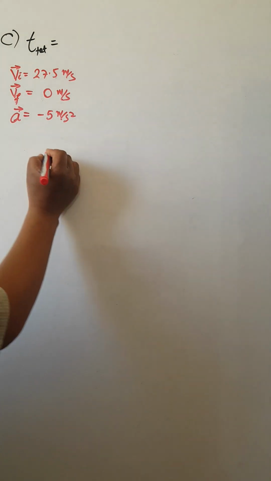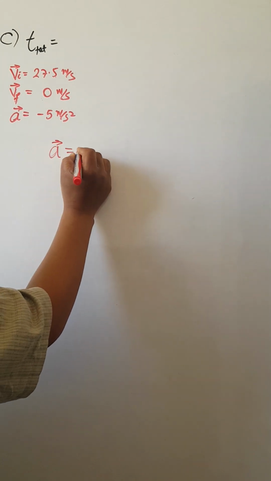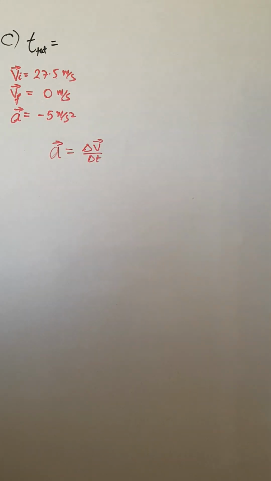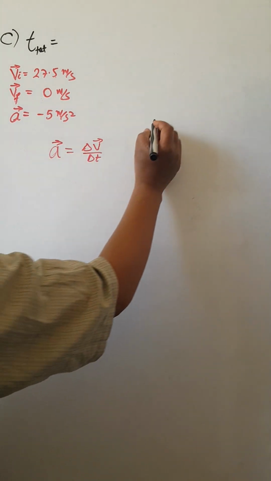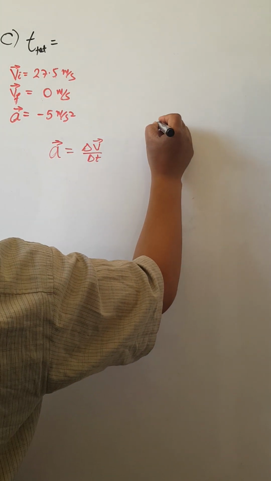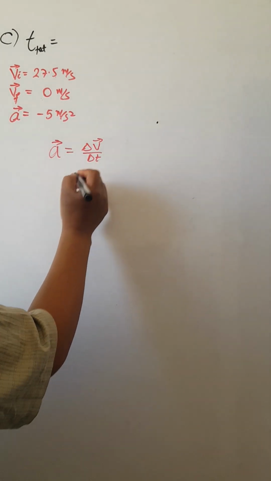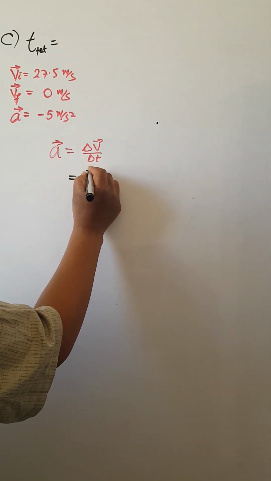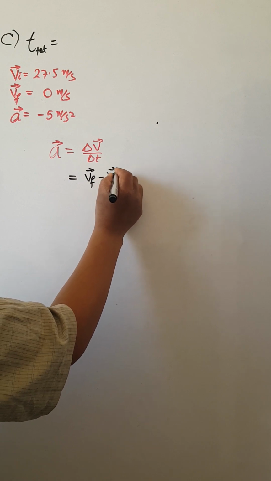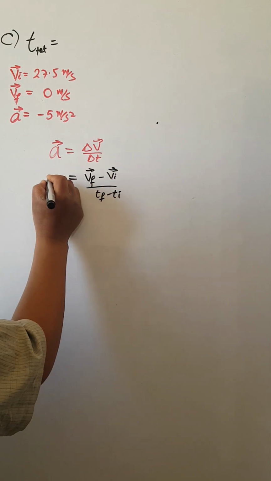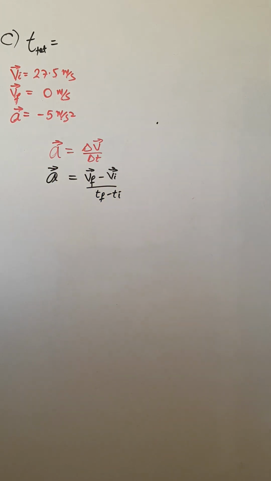Now we know that acceleration is equal to change in v over change in t. The total time is counted from the point where the track starts decelerating. So a equals vf minus vi divided by tf minus ti.